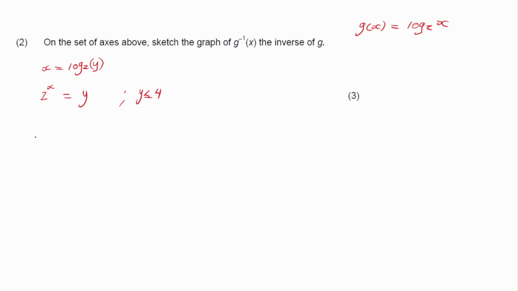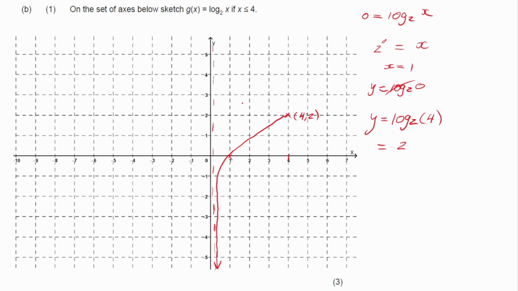So to find the x value when our y is 4, we just solve for 4 is equal to 2 to the x, because we're just putting a 4 here instead of y. So careful, that's not y to the power of 4. I'm just saying instead of y, we put a 4. Okay. So we'll see that my x value is 2. So we'll have the point (2, 4) over here.